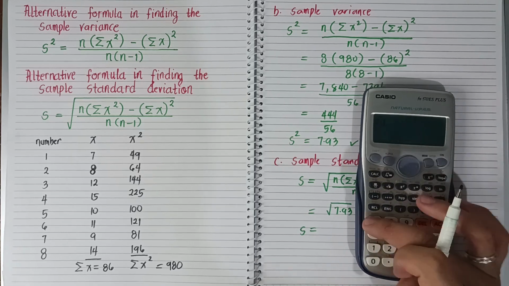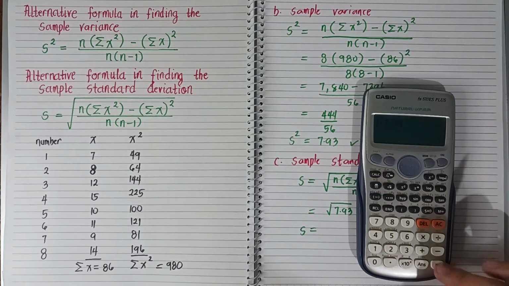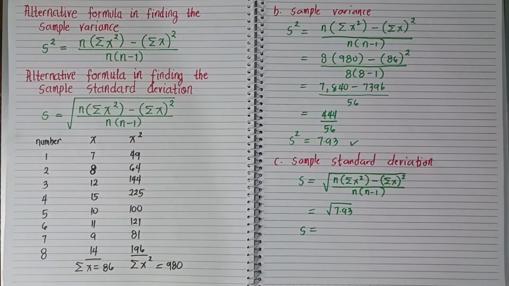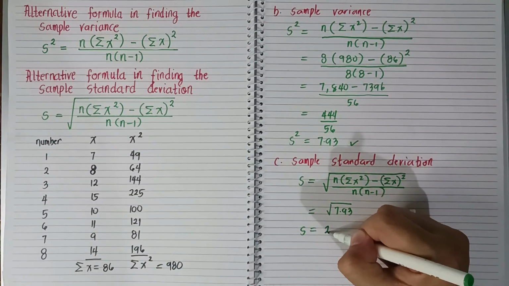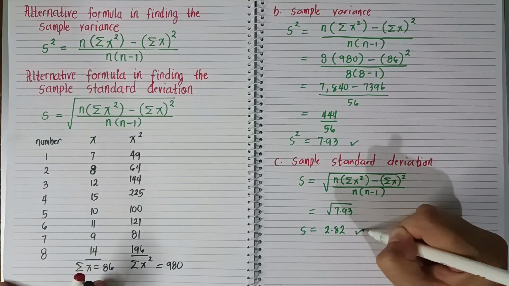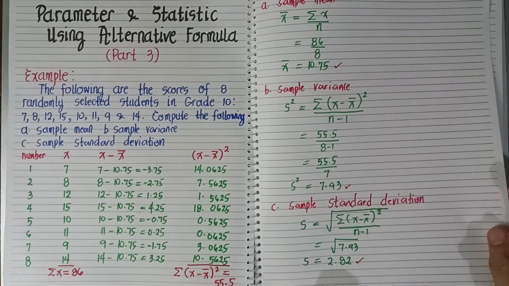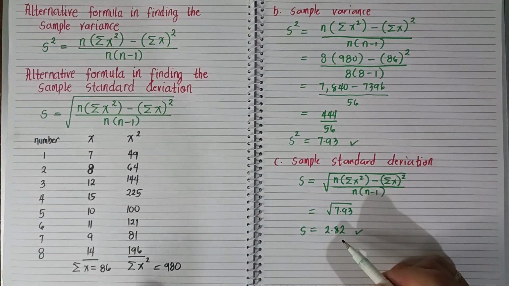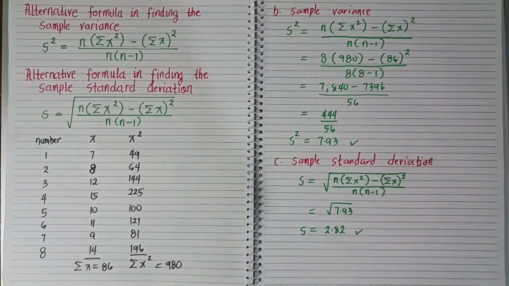So square root of 7.93, that is equal to 2.816 or 2.82. Okay, so tignan natin. So ayan ang sagot natin guys. And then 2.82. So na-prove natin na magkaparehas yung sagot using alternative formula or method.